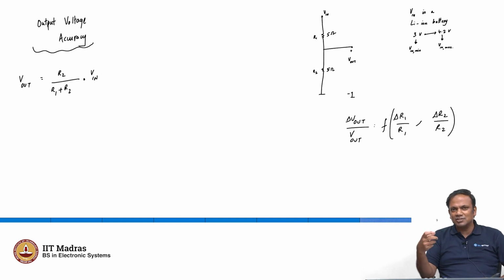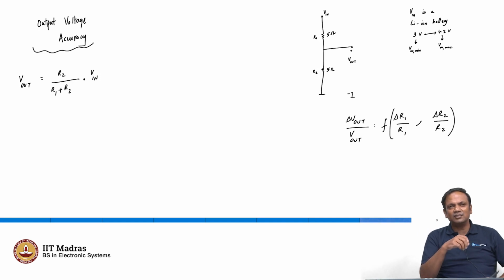So we will be measuring the variability in terms of variance and the square root of variance, which is standard deviation, and we will see how the standard deviation of delta V out by V out will depend on the standard deviation of delta R1 by R1 and delta R2 by R2.